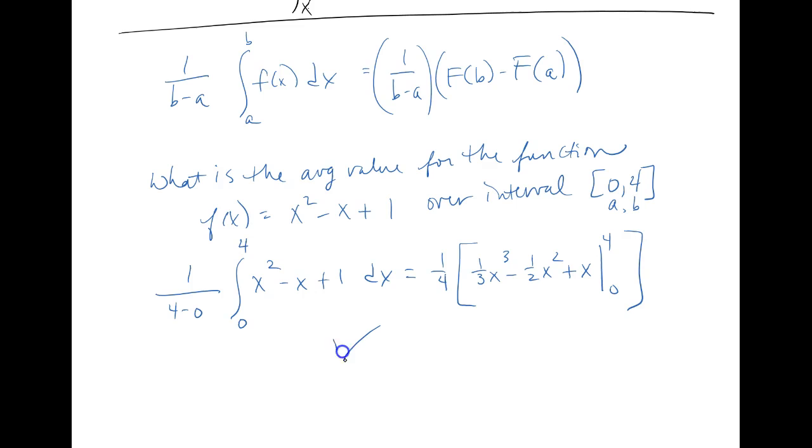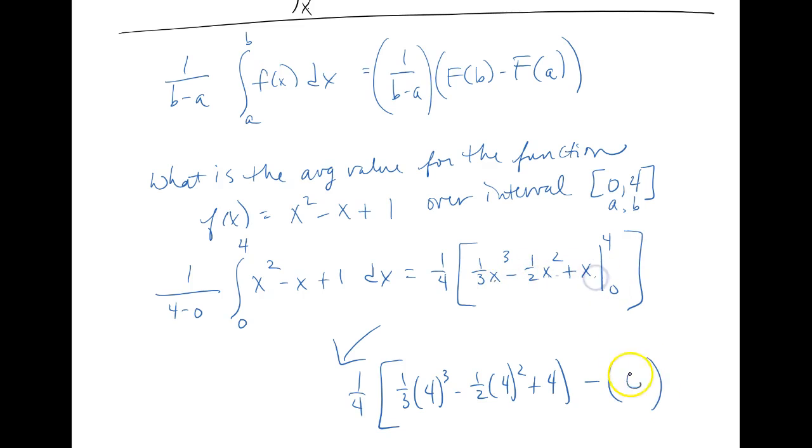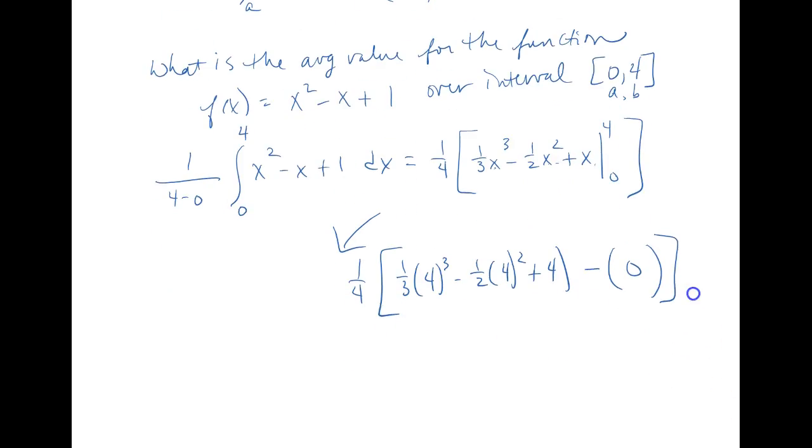If you want me to finish it, I may as well. That 1/4 is still out front. Plug in the 4. Awesome. And then minus, we're going to plug in the 0 everywhere. Once you plug in that 0 everywhere, it looks like all of those are going to go to 0. And once you get a number for this, that would be your answer.